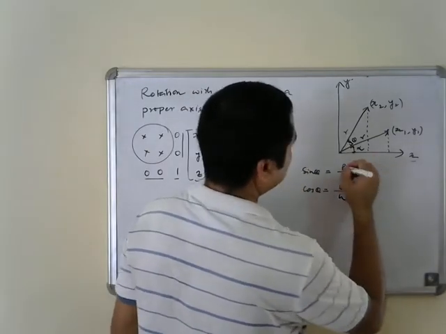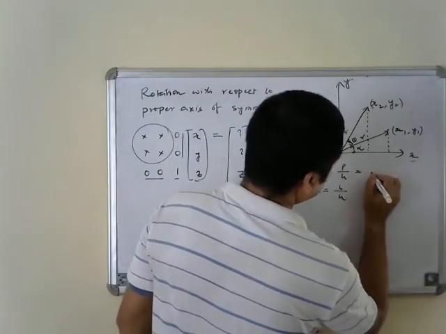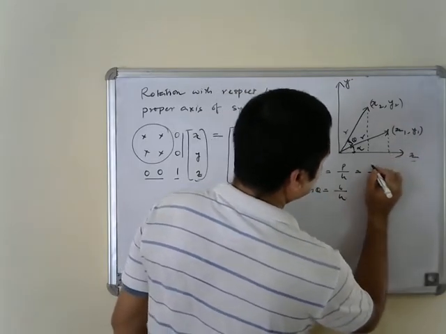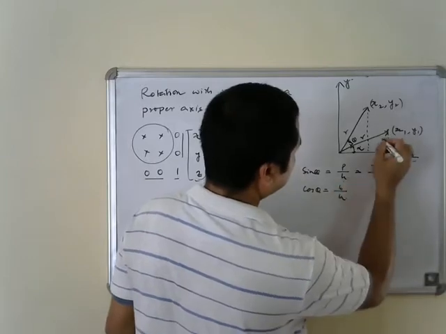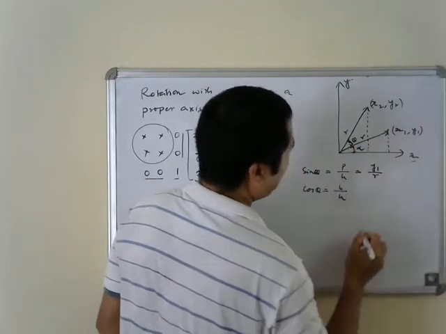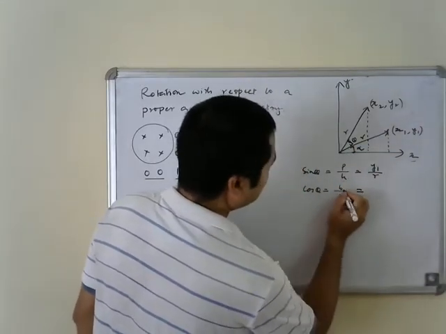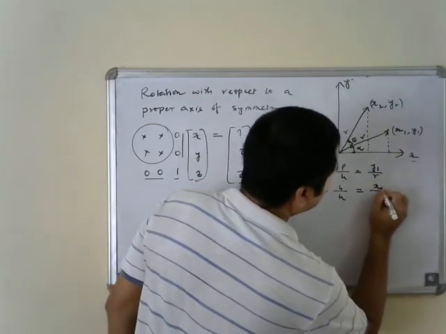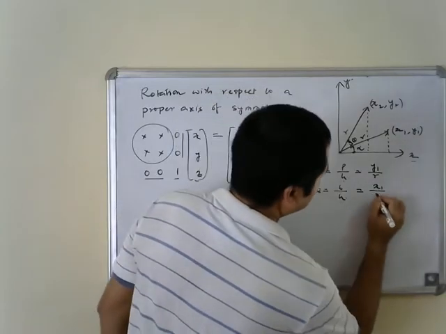What we can write here, p is nothing but your y coordinate, so this is y1, and h is nothing but your vector r. Similarly for cos, b is the x coordinate over here, which is x1, and h is equal to r.